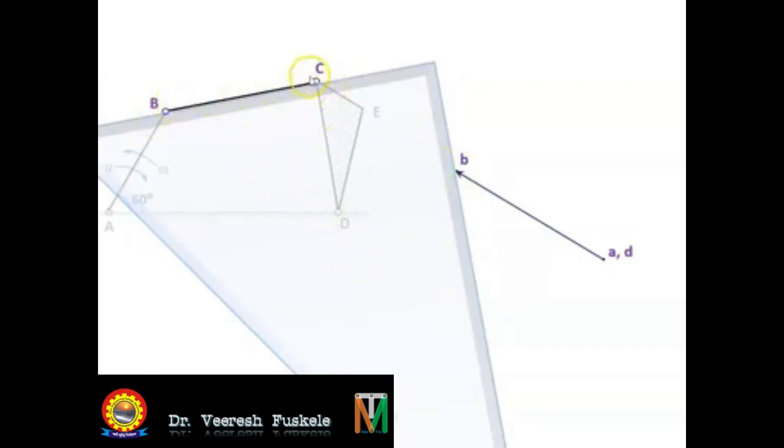The velocity vector of the link BC will be perpendicular to the link BC, so we can draw a velocity vector which is perpendicular to the link BC and which will be passing through this point B. As we don't know the length of this velocity vector, we will leave it like this for now.